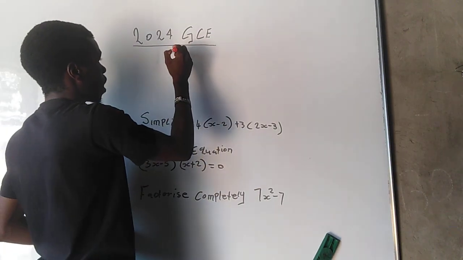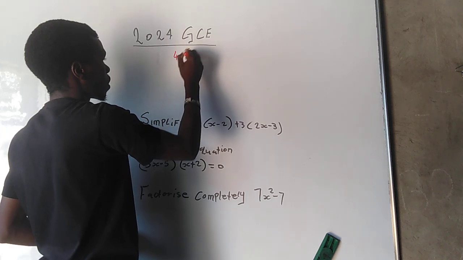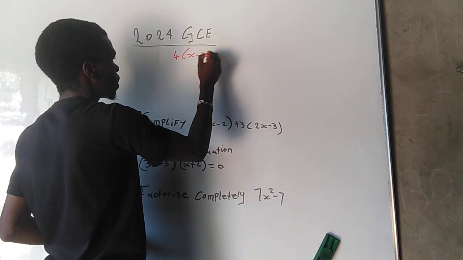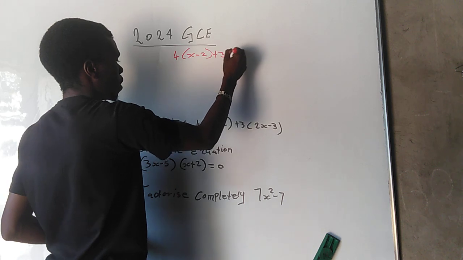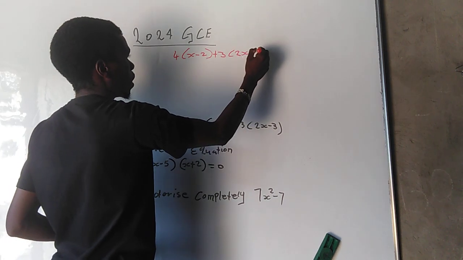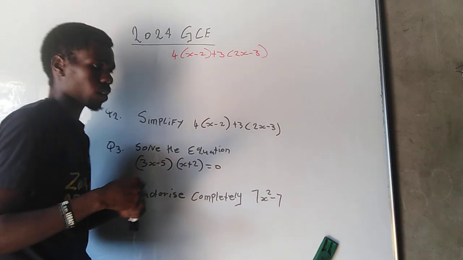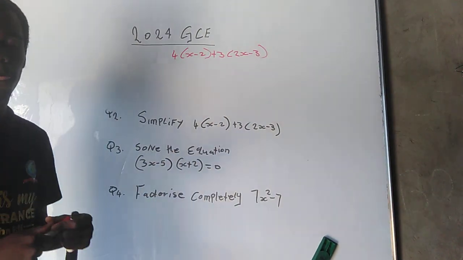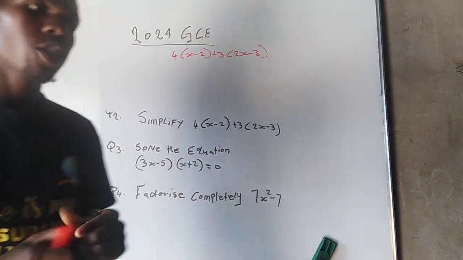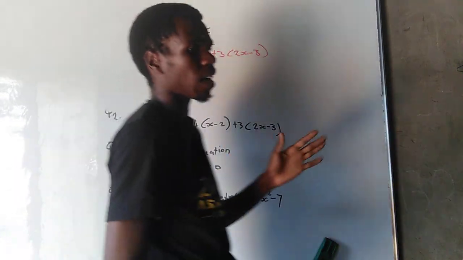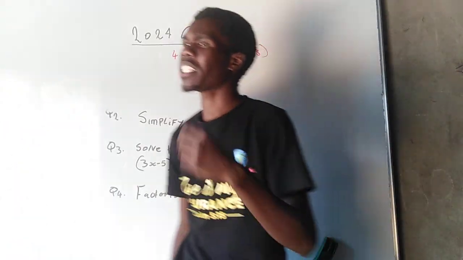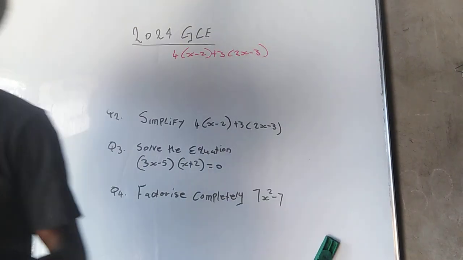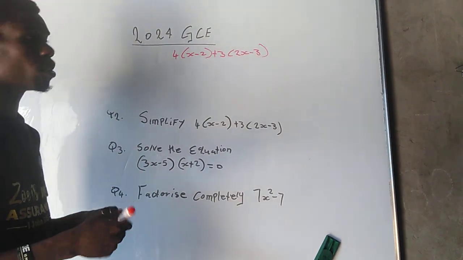Simplify 4 open bracket x minus 2, plus 3 open bracket 2x minus 3. Okay, this is algebra. Under algebra, I did about 5 types of algebra. So now here I'll just try and go direct.